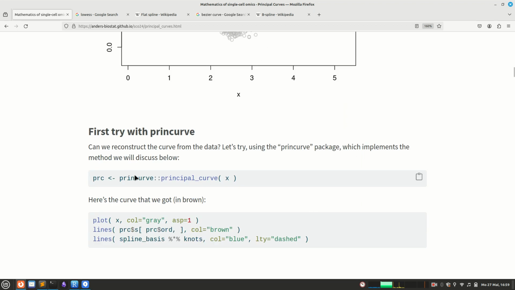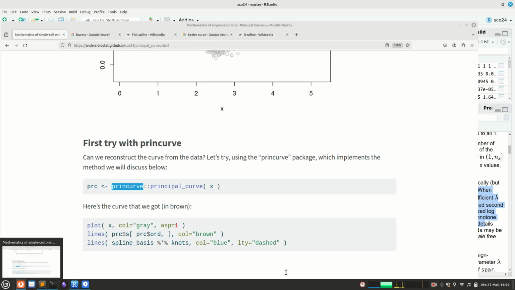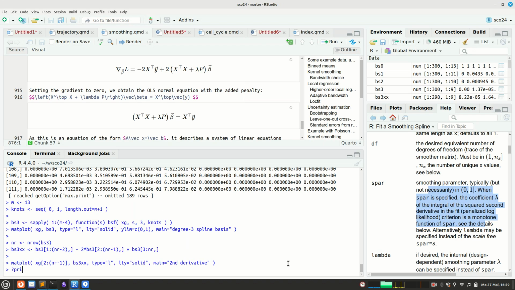And in R, there is a package called the principal curve package, which goes back to principal curves.